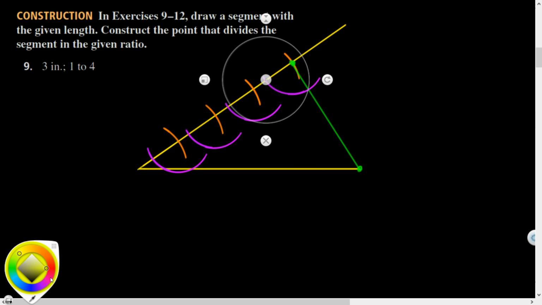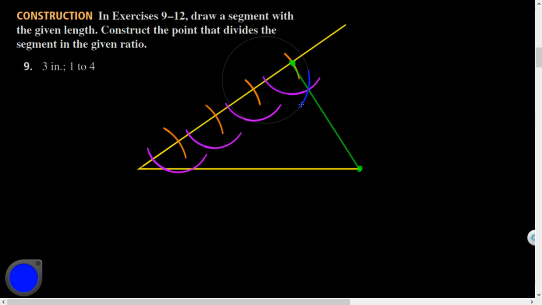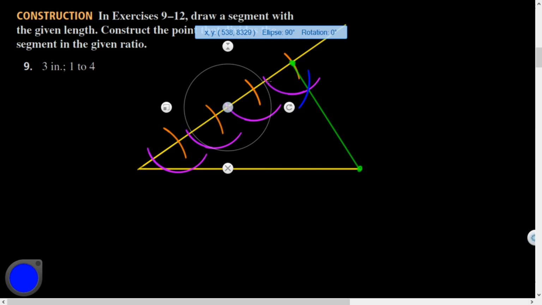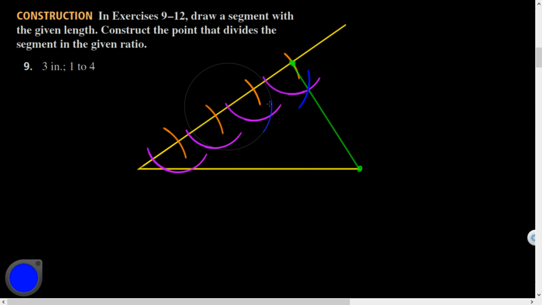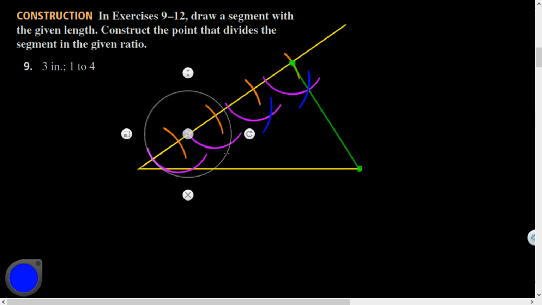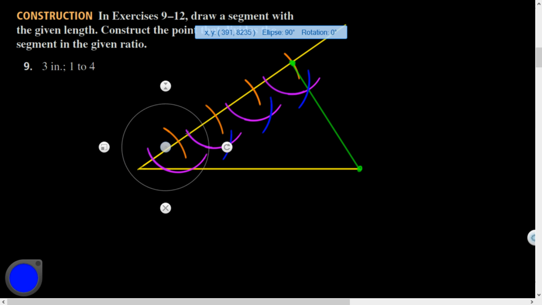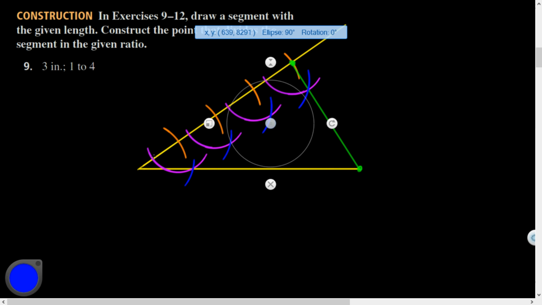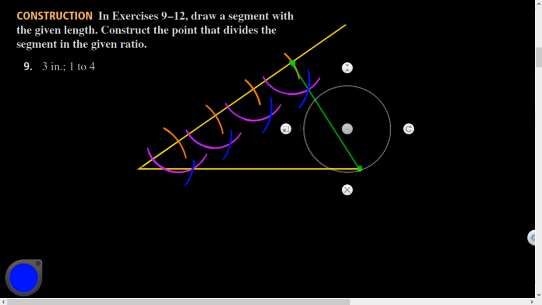Oh, that's not a working color. Dark blue. All right, so there's an intersection, and now I'm moving this to the next purple-yellow intersection and intersecting purple with blue. What this is doing is duplicating angles. I'm cloning an angle, and the angle that I'm cloning is the yellow-green angle.